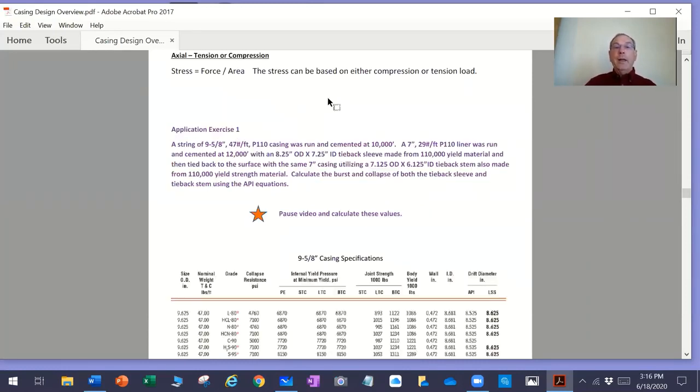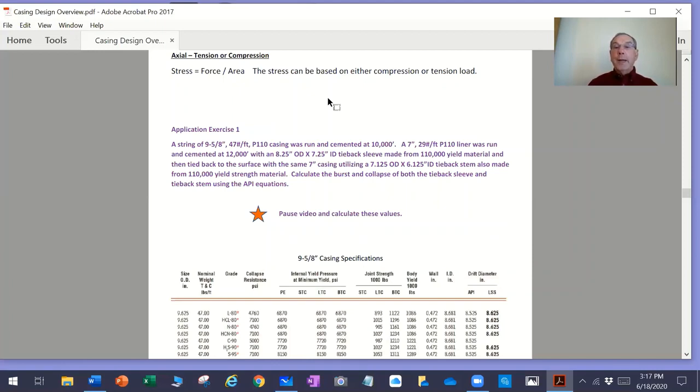Now, I have created an application here that I'm going to ask you, if you would like to, to pause and then calculate. I say a string of 9 5/8 inch, 47 pound per foot, P110 casing was run and cemented at 10,000 feet.